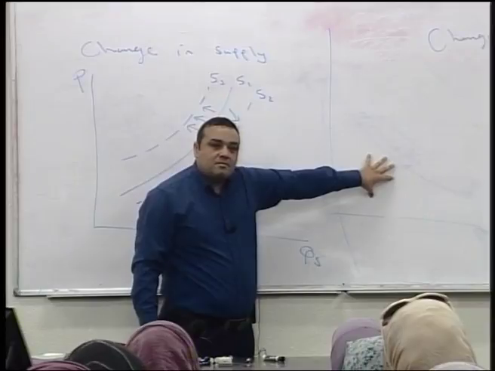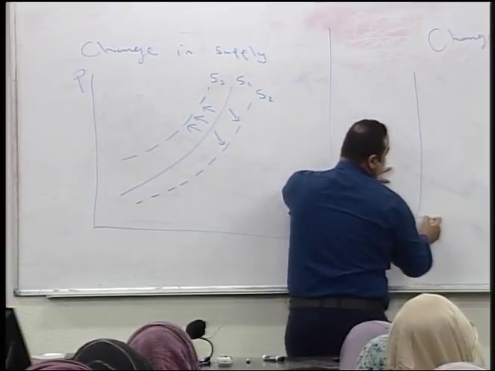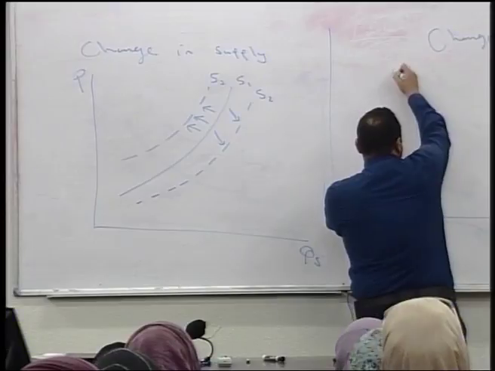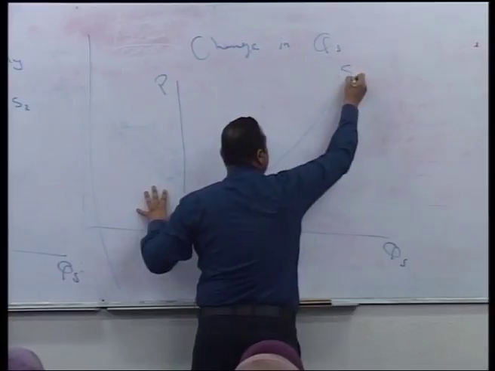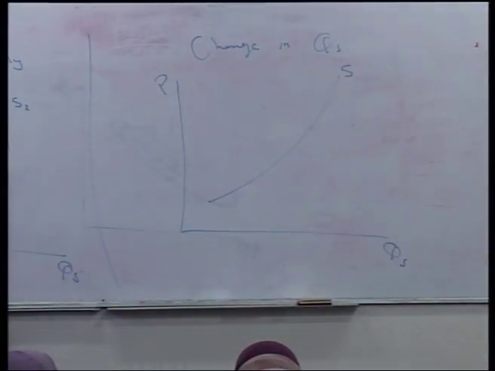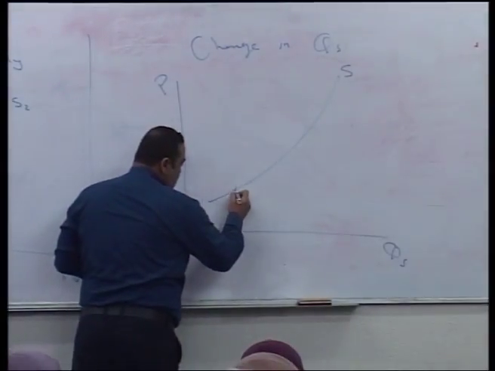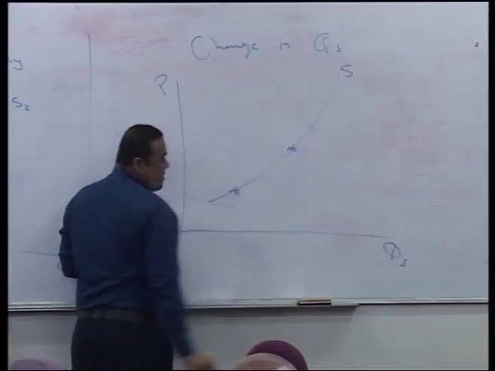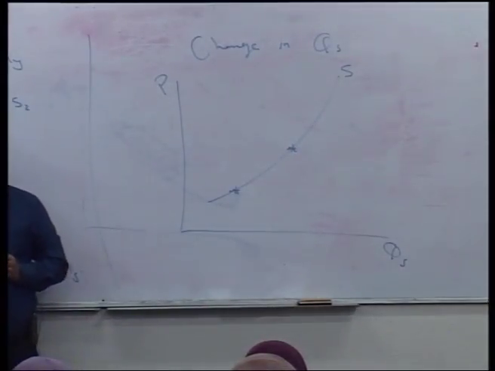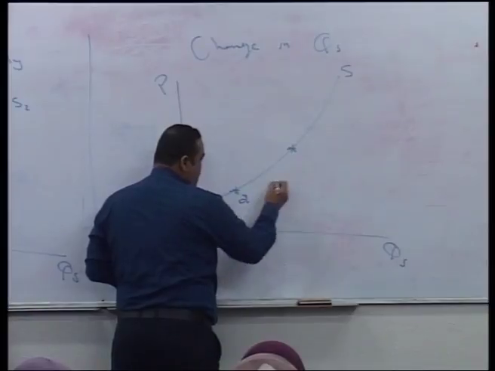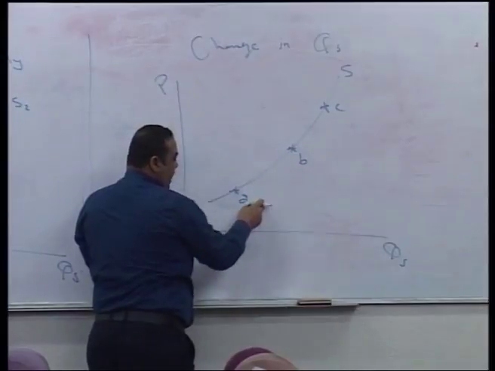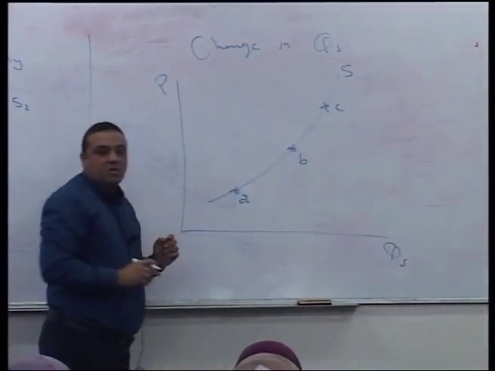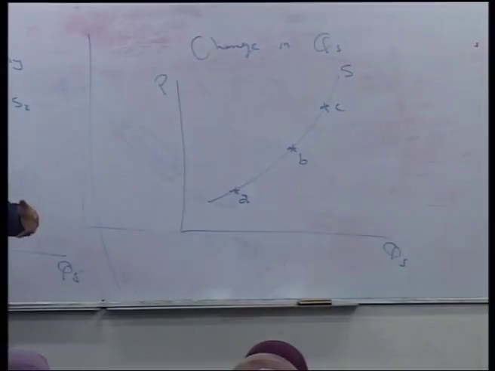Change in quantity supplied is the movement along the supply curve, from point A to point B, or from C to B, B to A, B to C, due to the change in the price of the product.